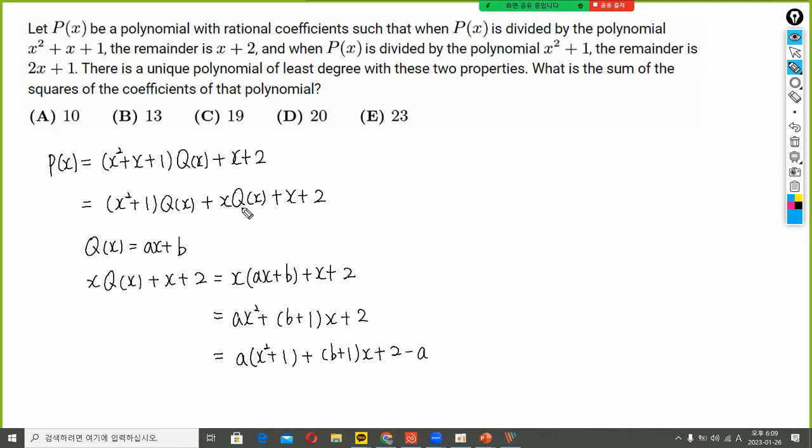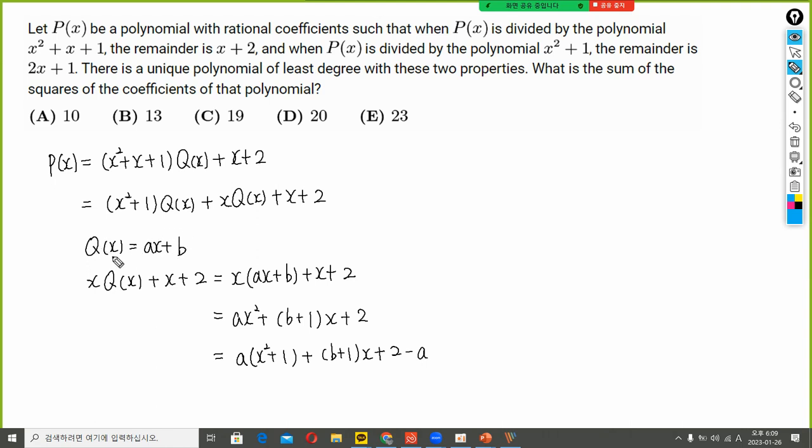And so because we want to find the least degree, if q(x) is 1, it becomes 2x plus 2, not 2x plus 1. So that means q(x) is not constant. That means the next least degree is that q(x) is a first degree expression.